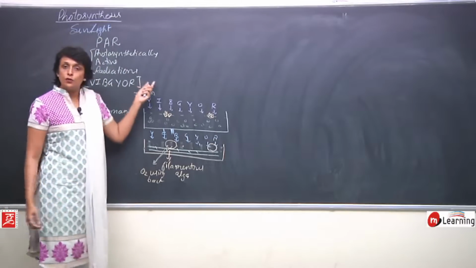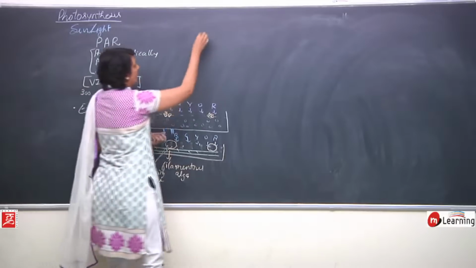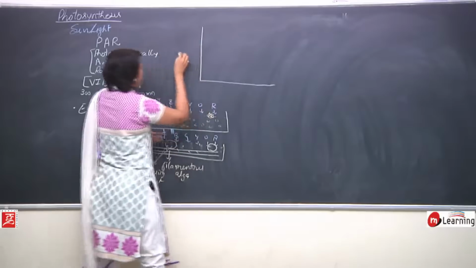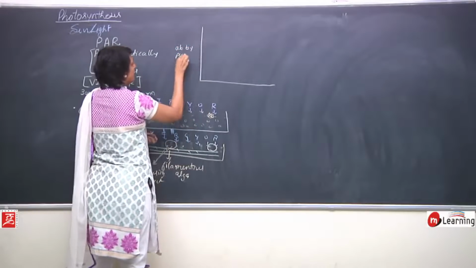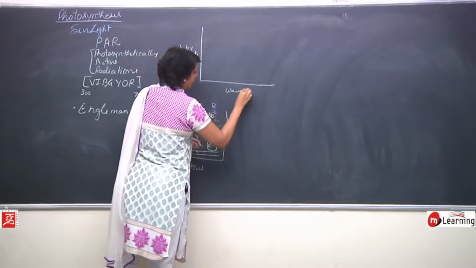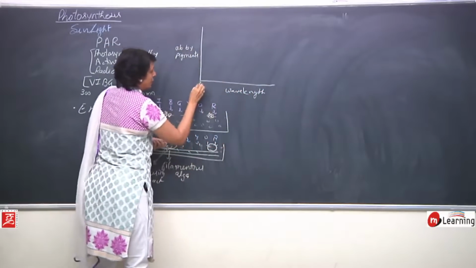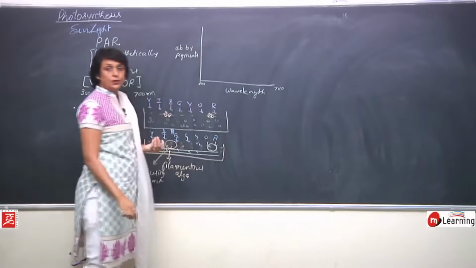Action is this photosynthesis. Now these scientists plotted a graph on absorption by pigments and the wavelength. The wavelengths were taken from 300 to 700 nanometers.